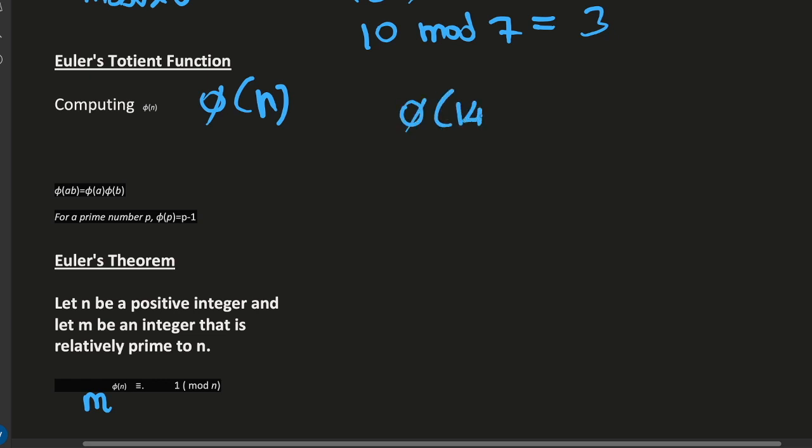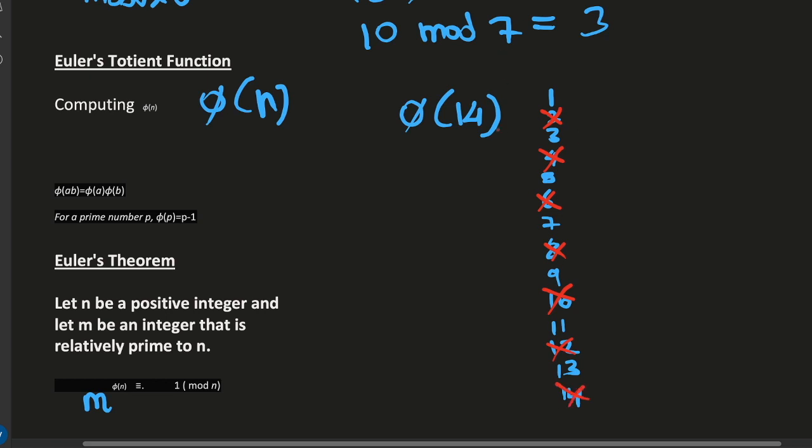An example for this: what is phi of 14? Let's list down all the numbers: 1, 2, 3, 4, 5, 6, 7, 8, 9, 10, 11, 12, 13. What are all the numbers that are co-prime to 14? They shouldn't have any common factor other than 1. Let me strike out what cannot be. 2 cannot be, 4 cannot be, 6, all even numbers will be struck out.